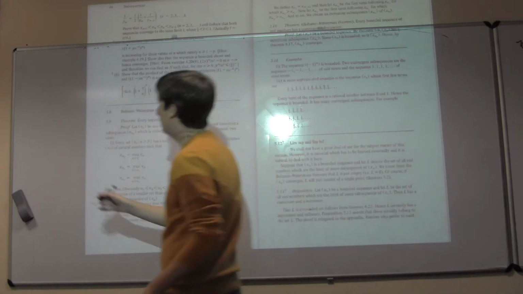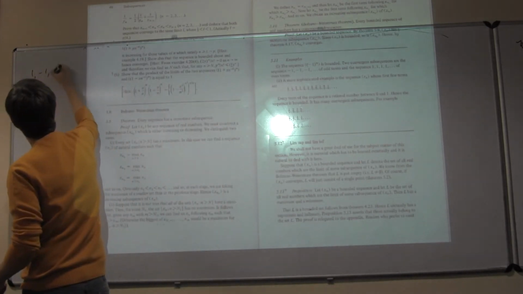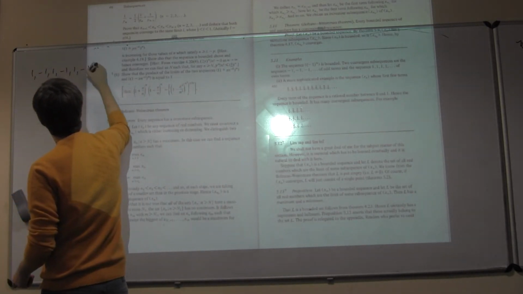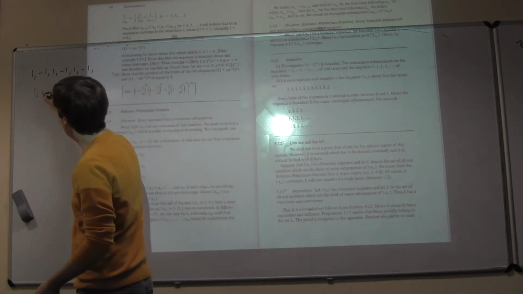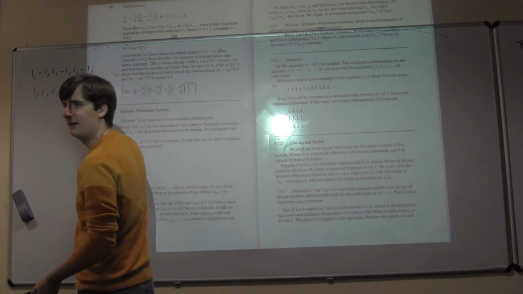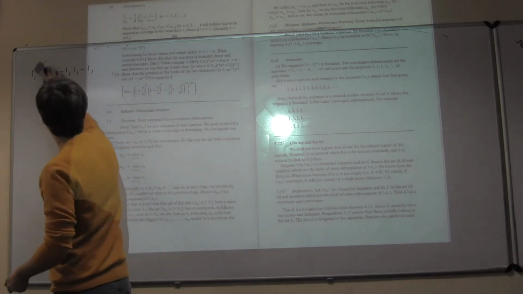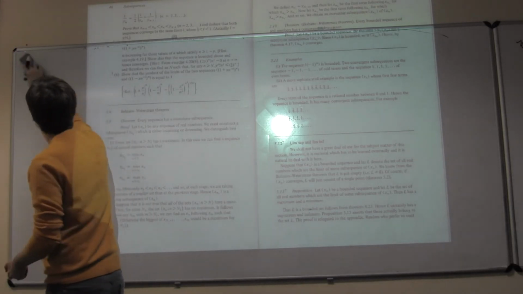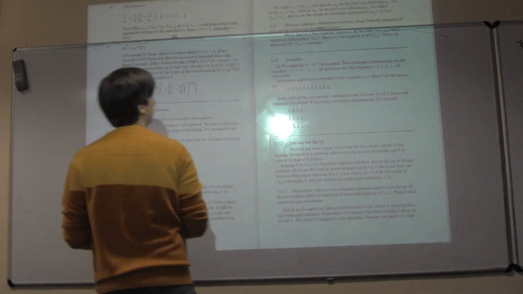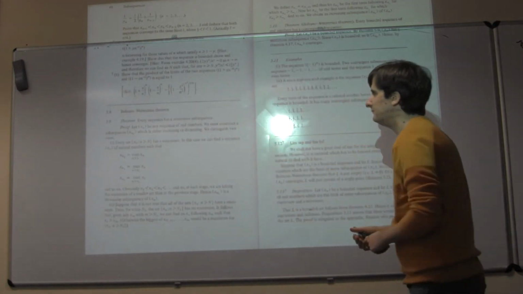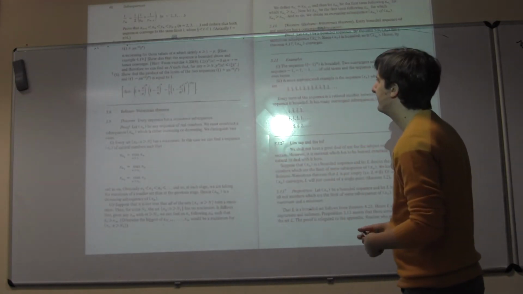Okay, so if we think about the sequence 1, minus 1, 1, minus 1, 1, minus 1, clearly it has a convergent subsequence, namely 1, 1, 1, 1. It's a slightly surprising result. Maybe it's not.